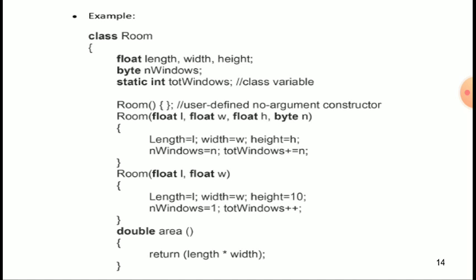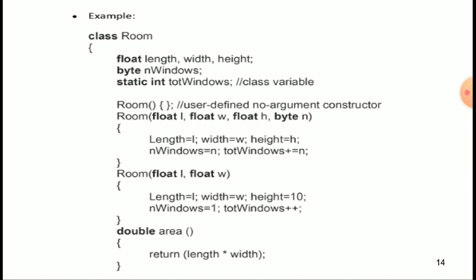Example, class Room, starting curly brackets, float length, width and height, byte number of windows, static int totalWindows, that is a class variable. Room, that is a user defined no argument constructor.